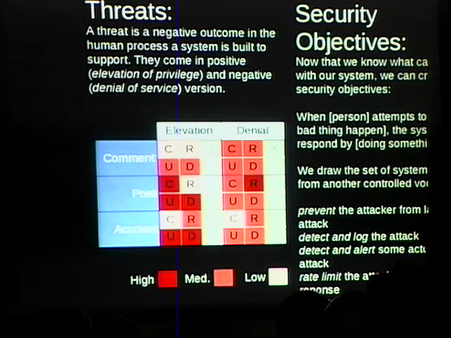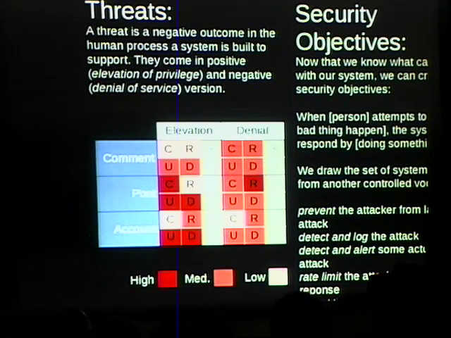So from this ranked set of negative potential outcomes, we can now build our security objectives. Because we can say when some actor attempts to instantiate a threat, the system will respond by doing something sensible. Here we have another controlled vocabulary, which is either, and one of them is rolled off the bottom of the screen, which is either prevent the attacker from launching the attack in the first place.